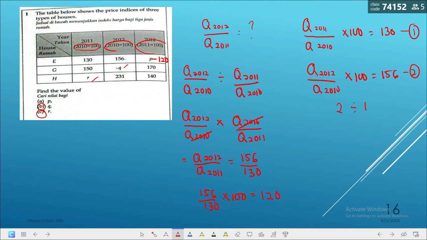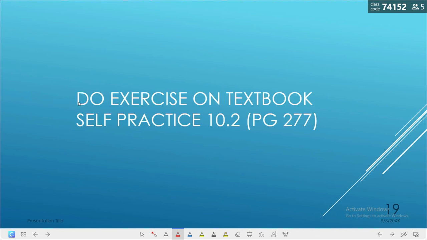Also do the exercise in the textbook: self practice 10.2, page 277, and also the intensive exercise on page 278, the next page.